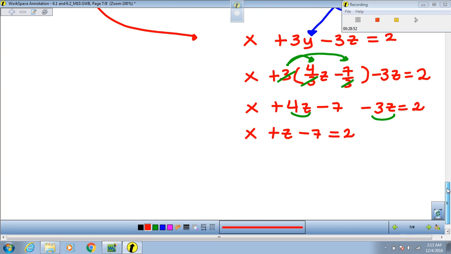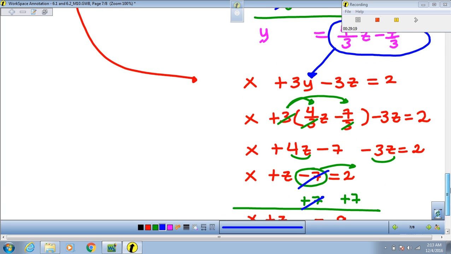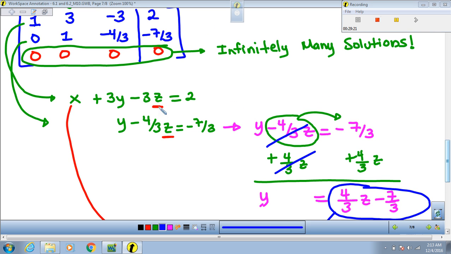So now, again, there's two variables, x and z, right? And there's a constant. First thing you're going to do, move the constant to the other side. So x plus z equals 9. This you're going to cancel. So from the two variables that you have, you're going to have to solve for one of them. Solve for the one that was not the letter that was in common to the two previous equations, which is the z.